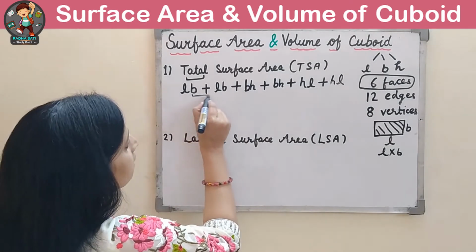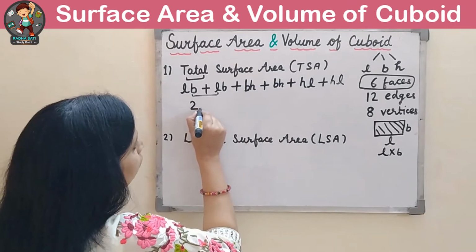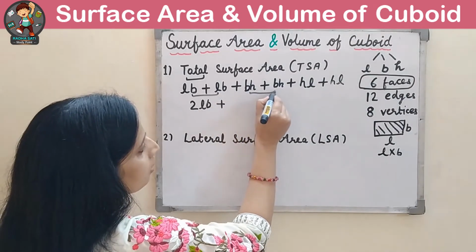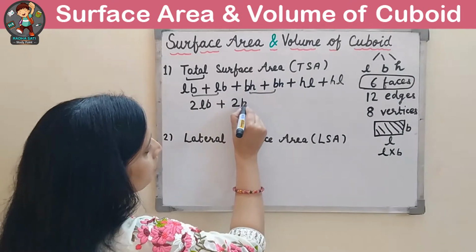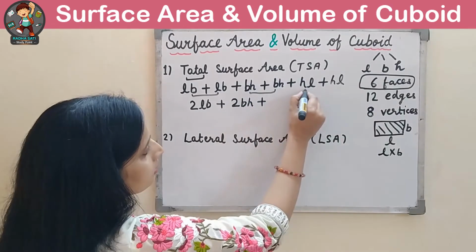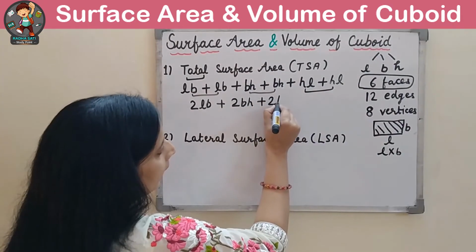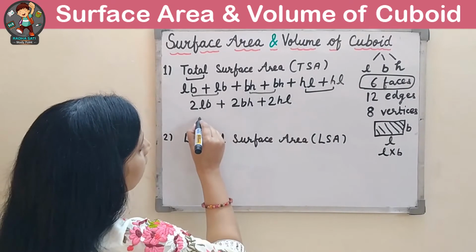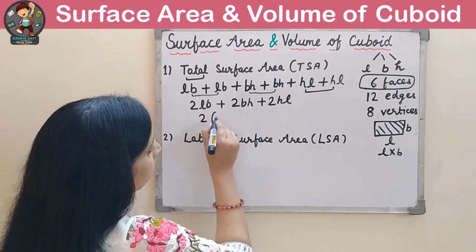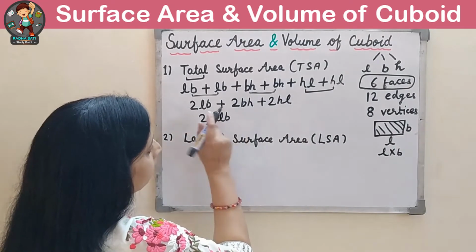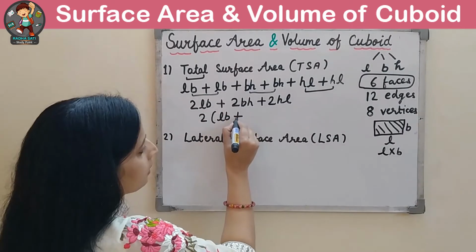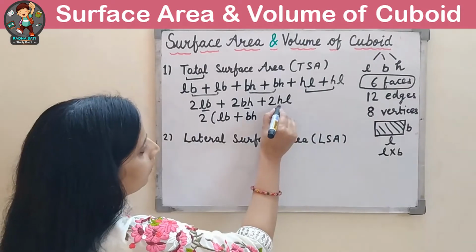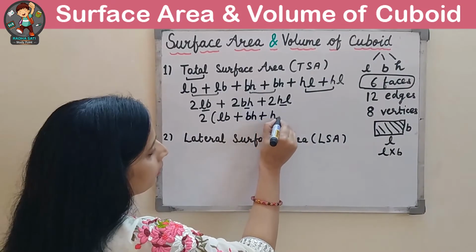Now LB is coming 2 times, so write it 2LB, plus BH is coming 2 times, write it 2BH, plus 2HL. Now 2 is common in all 3. Take 2 as common, and here we will be left with LB plus BH, and HL.